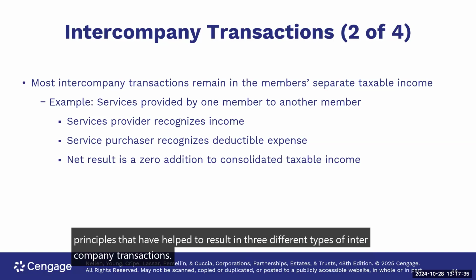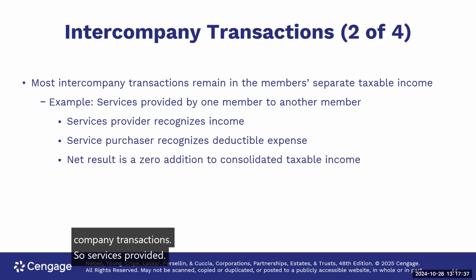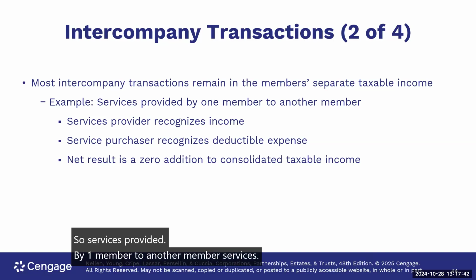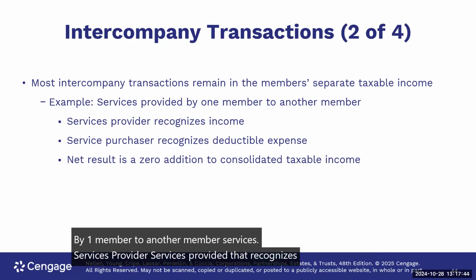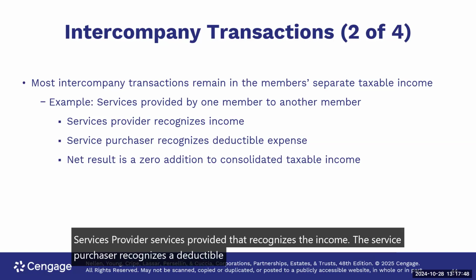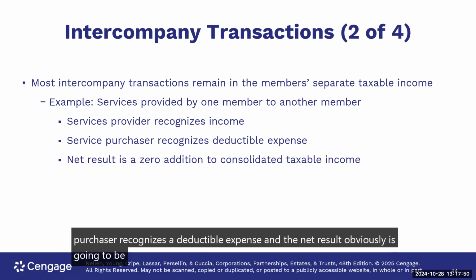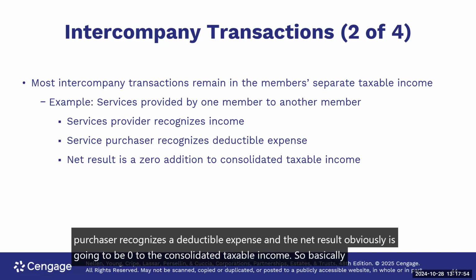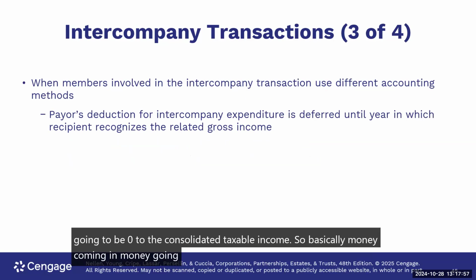First, services provided by one member to another member. The service provider will recognize income. The service purchaser recognizes a deductible expense. And the net result is zero to the consolidated taxable income. Basically, money coming in, money going out, nets out to zero.